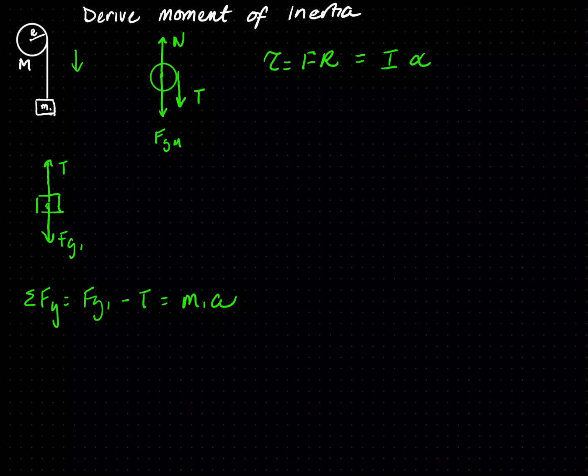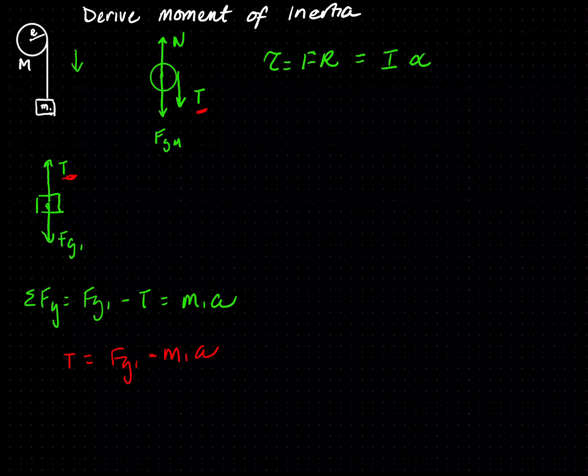So what is the force producing the torque? The force that is producing the torque is the tension of the rope. So this tension here and this tension are exactly the same. So I need to solve my Fy equation for T. If I do that, that's Fg1 minus m1a.